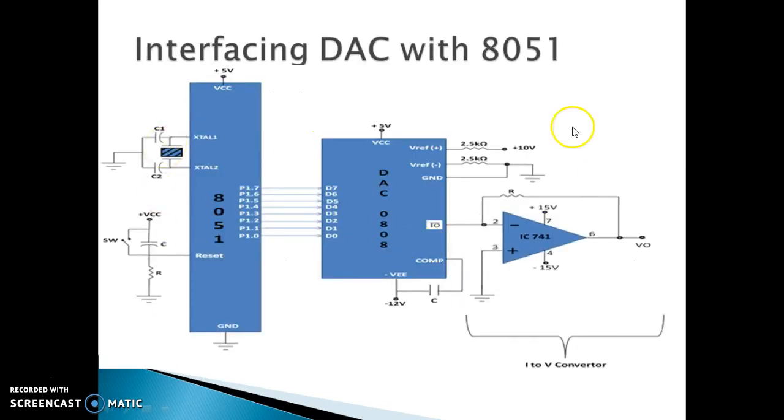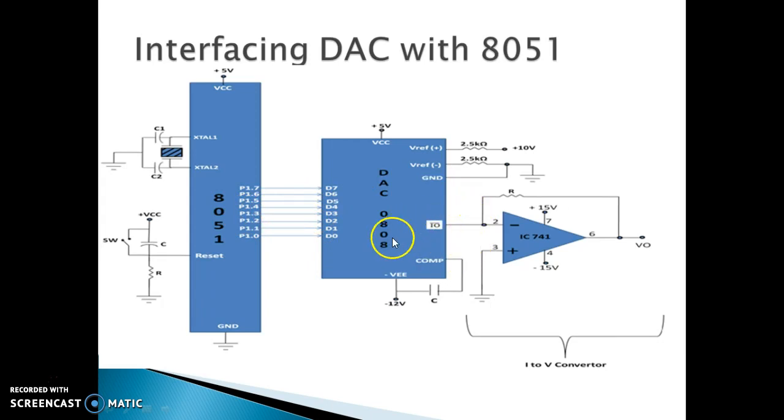Looking at the diagram, here we are interfacing the 8051 microcontroller with a digital to analog converter. All 8 pins of the port of the 8051 are connected to the data lines of the DAC. The DAC accepts the digital input and converts it into analog.